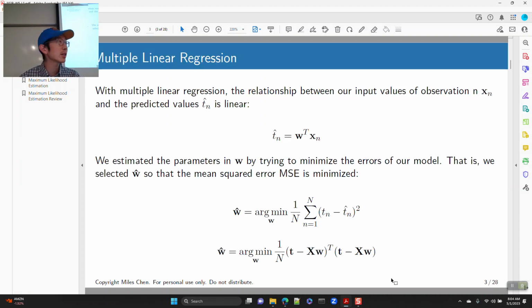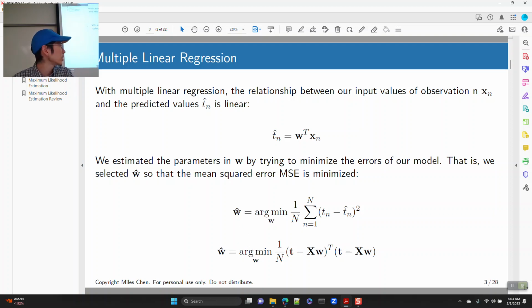With that in mind, we'll revisit least squares regression, and this is where we left off. Our predicted values are just W times X, right? We have the weights, basically your intercept and slopes, and you multiply them by your X values and add them together, and this gives you your predicted value.